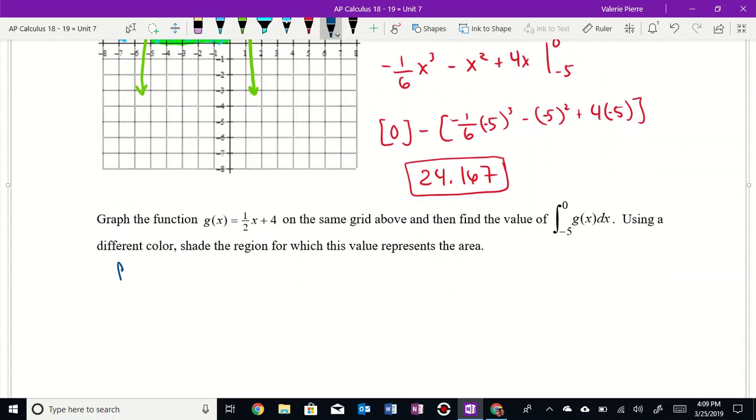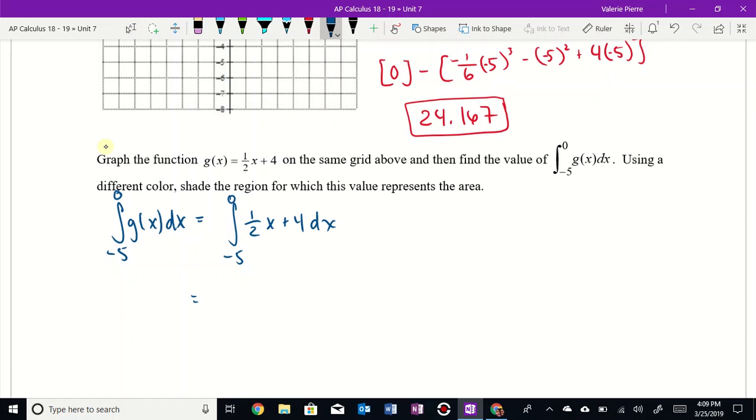So to find that actual integral, let's do the math. The integral from negative 5 to 0 of g of x dx is the same thing as the integral from negative 5 to 0 of 1/2 x plus 4 dx.